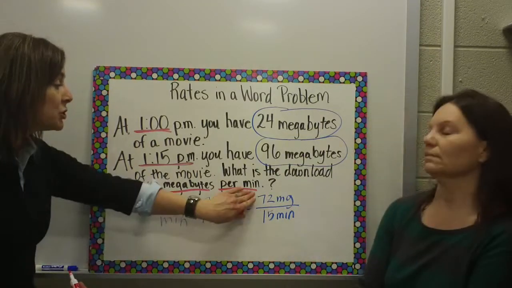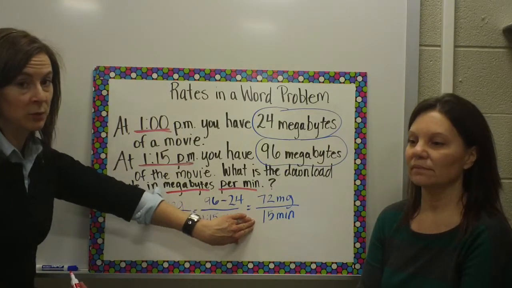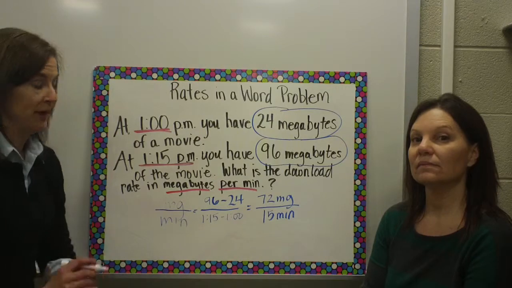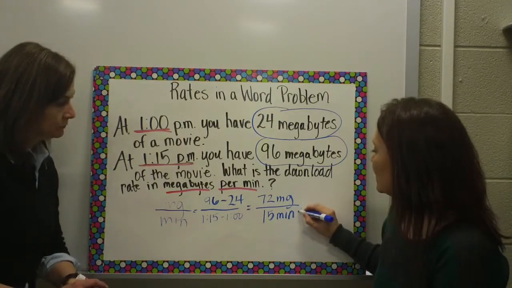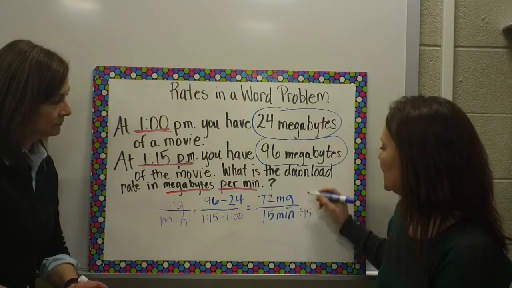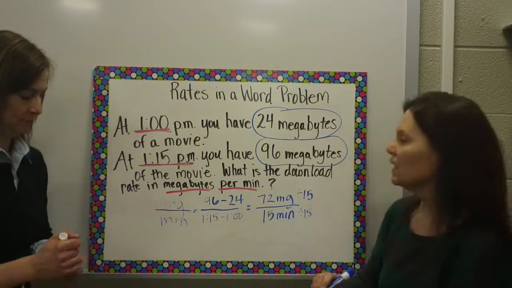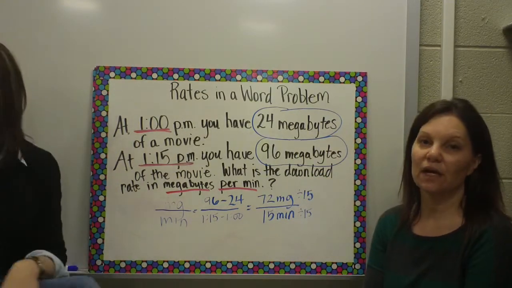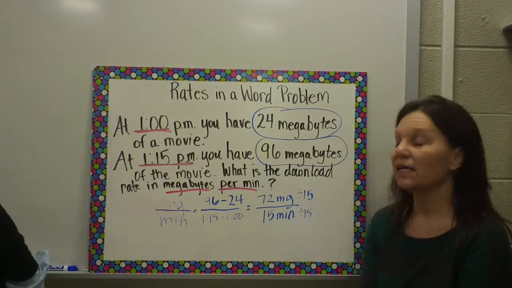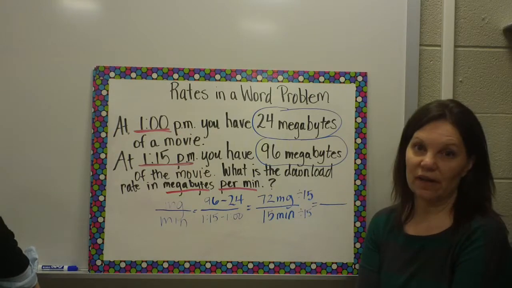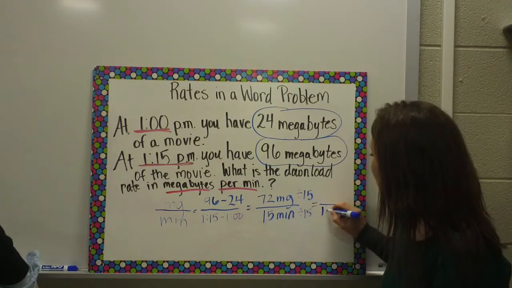Now we have our two numbers. Remember, a ratio is two numbers that we can use to find the unit rate. So I'm going to be dividing by 15, dividing by 15, and remember that we can use our calculators when we are dividing here. So of course 15 divided by 15, I have my 1 minute.